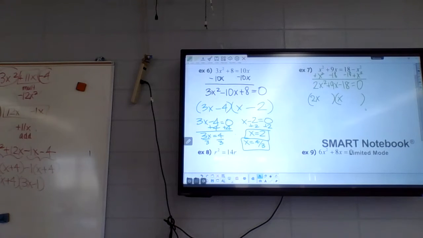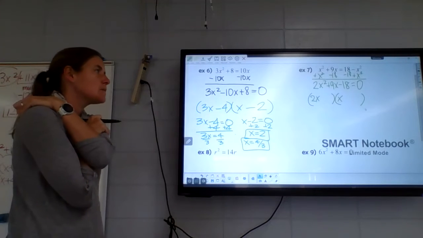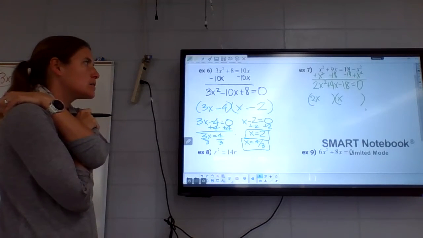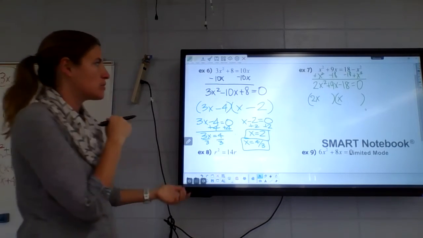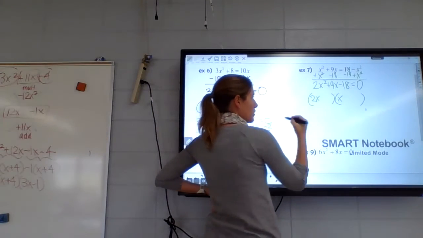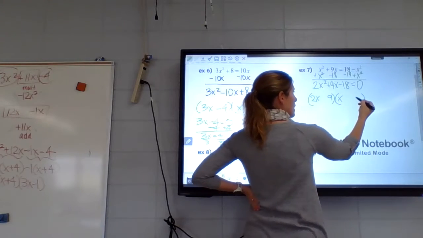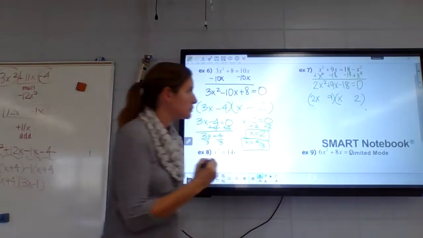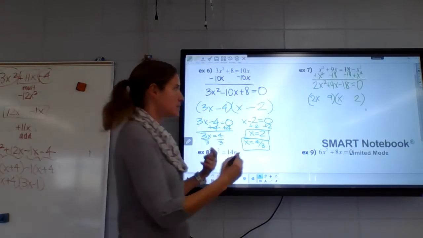So I want to multiply to get 18. So let's do, I don't know, let's do 9 and 2. Just, like I said, I know this one doesn't work. If I do 9 and 2, one of them has to be negative, one has to be positive.